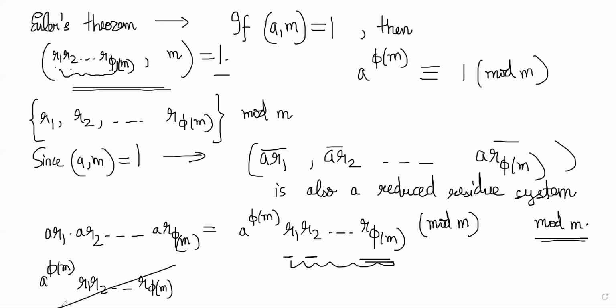We can cancel A power phi M and A power phi M from this congruence, right? And what we will get here is simply 1. Okay, I'll just write it on the next screen. So what we are doing is this. We take R1, R2, and R phi M, right?